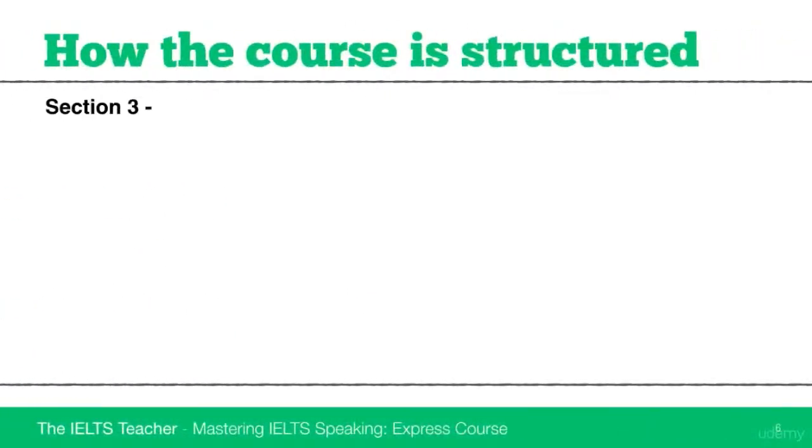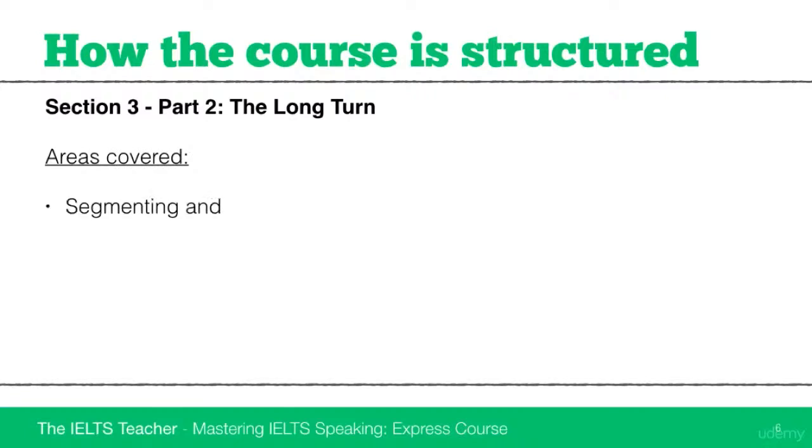In section 3, we're going to look at part 2, which is called the long turn, or you may know it as the 2-minute talk. With the areas that we're going to cover, if we think about fluency and coherence first, we're going to look at the idea of segmenting.